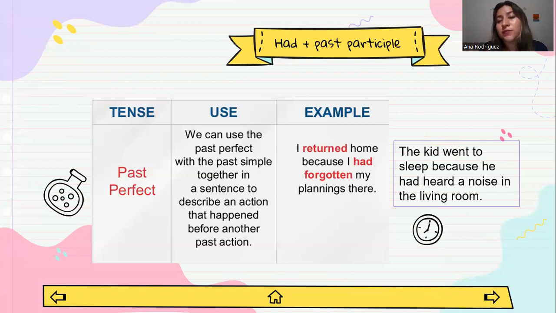Or the kid went to sleep because he had heard a noise in the living room. So something happened previously, another action, okay? And in this case, we use had and then the past participle of the verb.